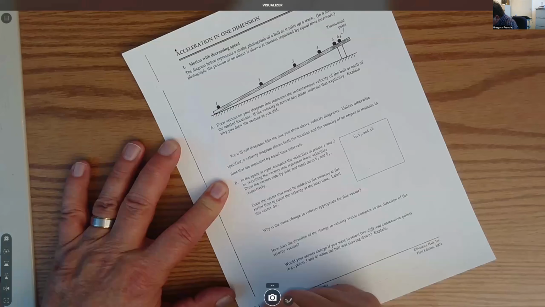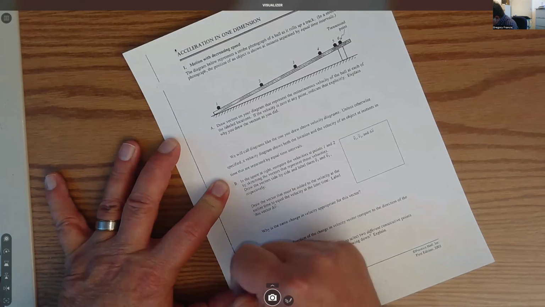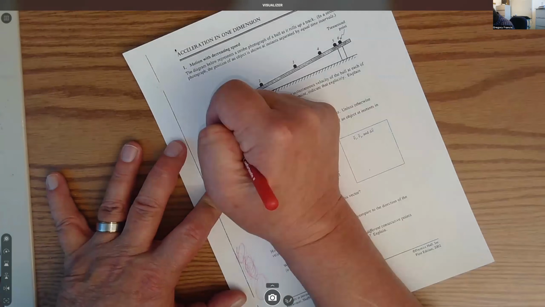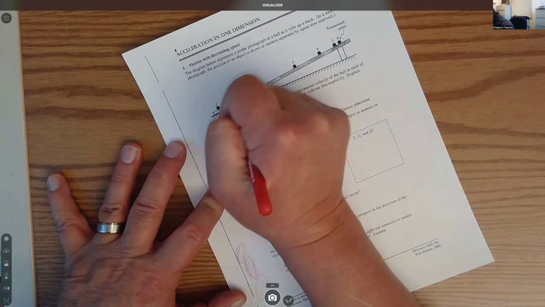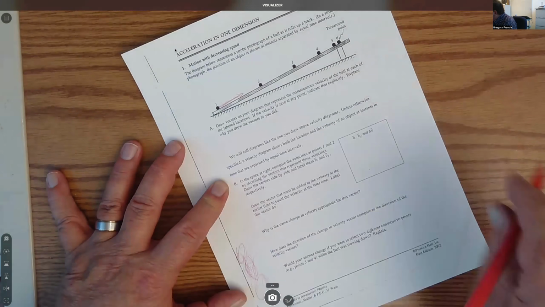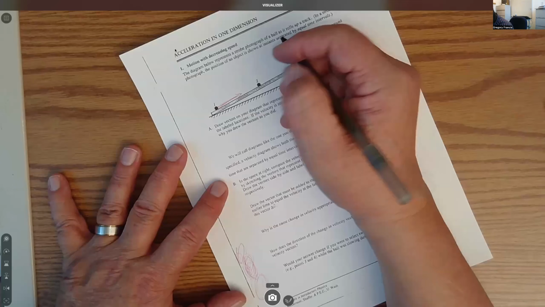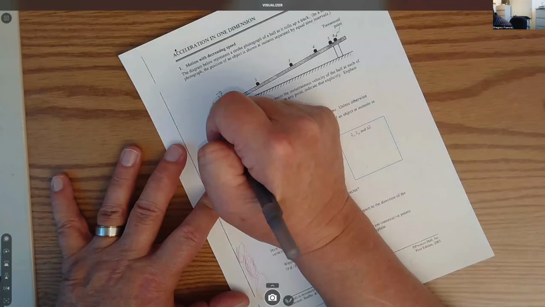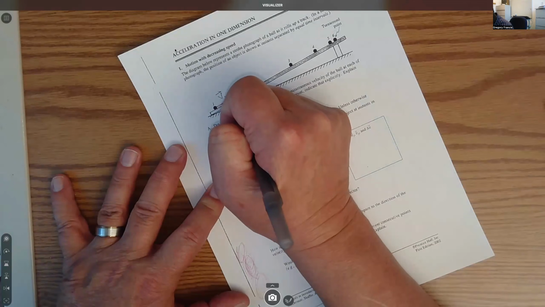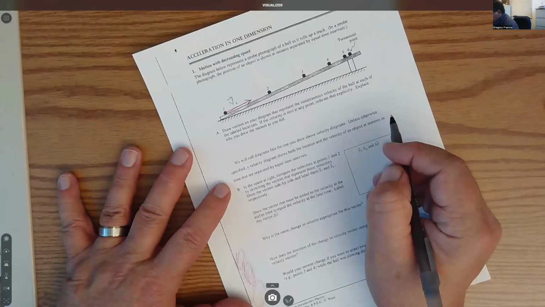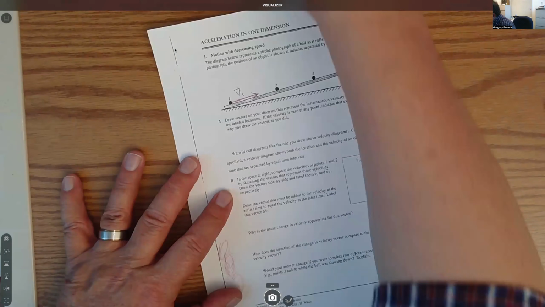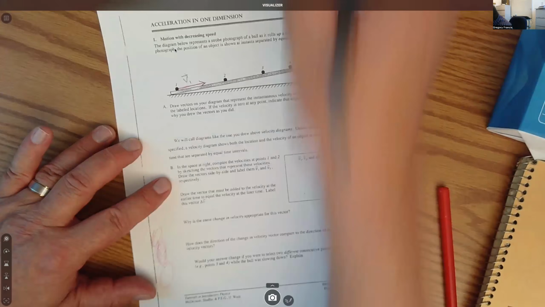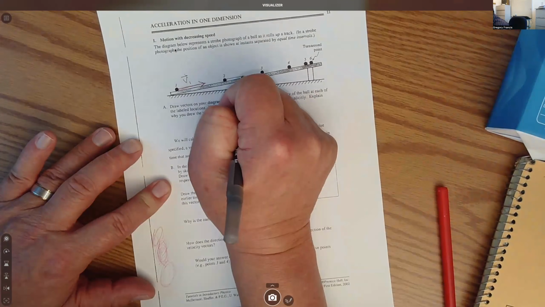is going to be up the ramp and long. Once it gets to 2, it's slowed down a little bit, so the vector is not as long.